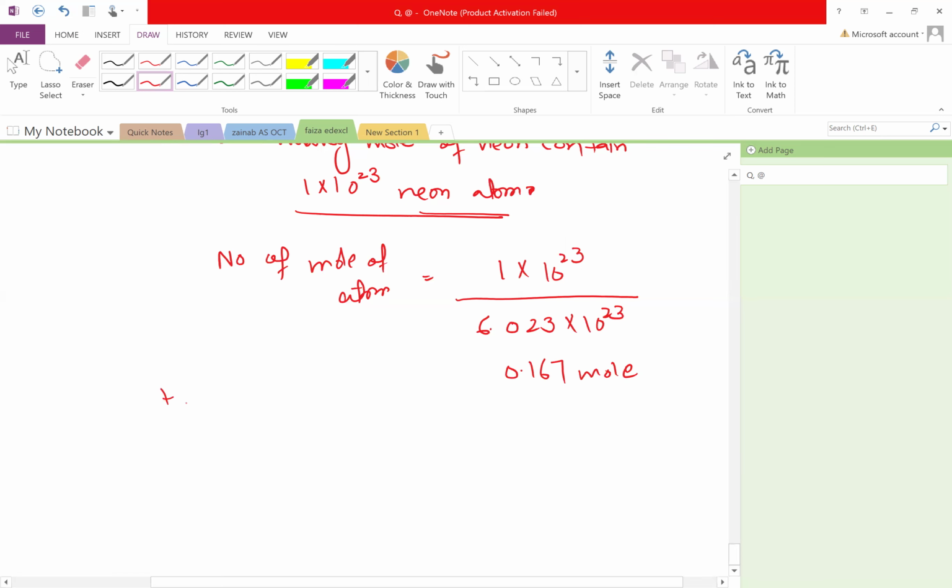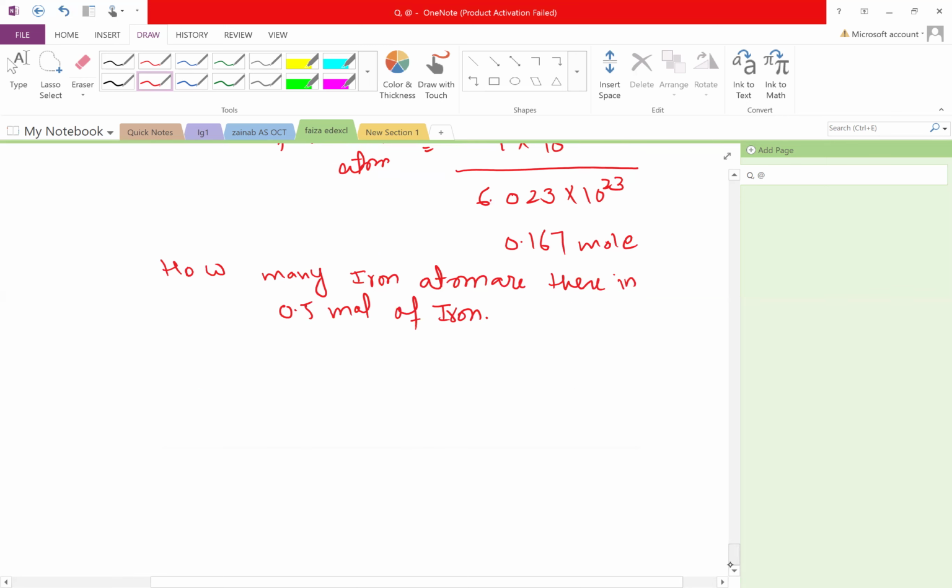One question is: how many iron atoms are there in 0.5 moles of iron? Now what do you have to find? The number of atoms, iron atoms.